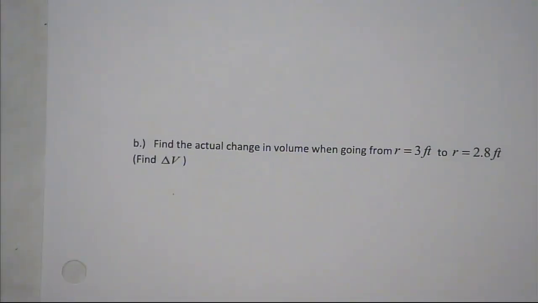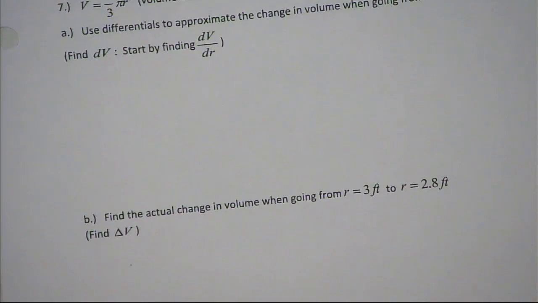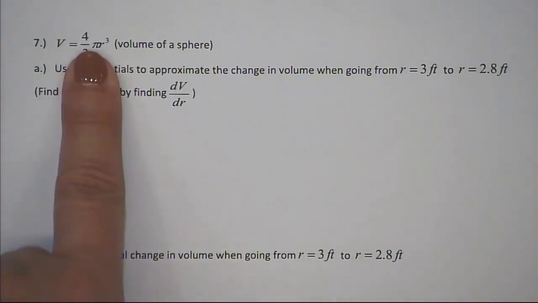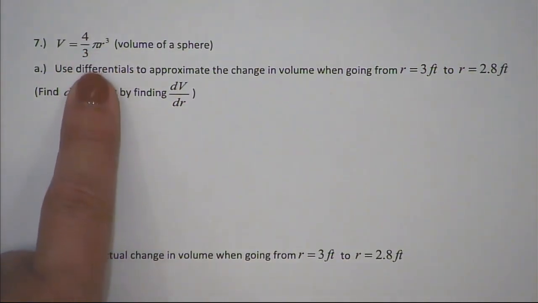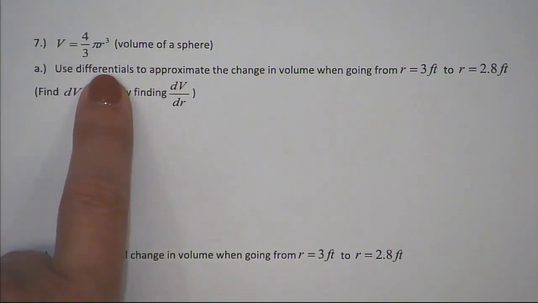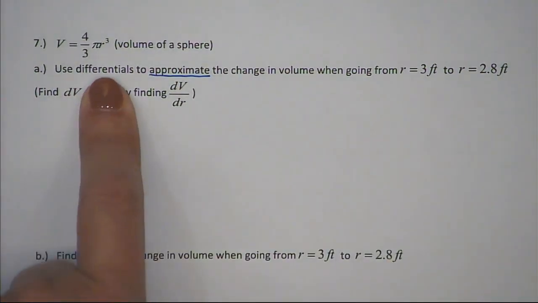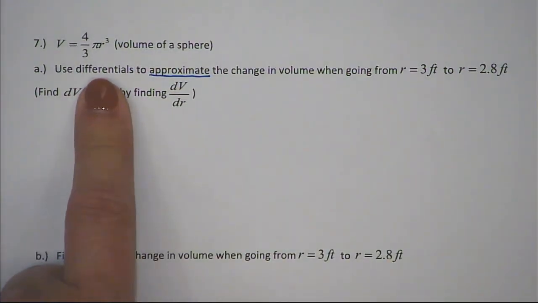Number 7 uses the volume formula. Same thing, though, except I think it asks it in the opposite order. So number 7 says, we're going to look at the volume of a sphere, 4/3 pi r cubed. Use differentials. As soon as I see that word, that's why that's there. It's an approximate change in volume.